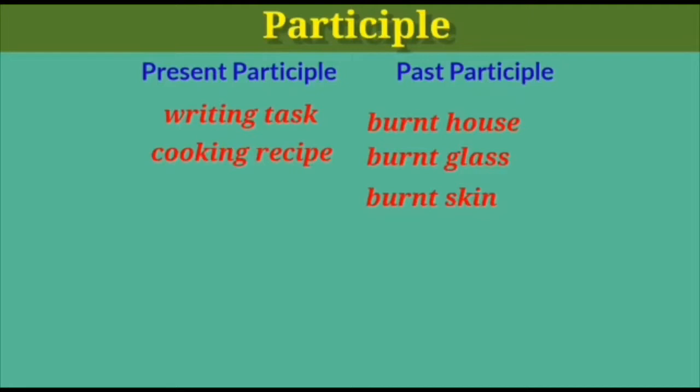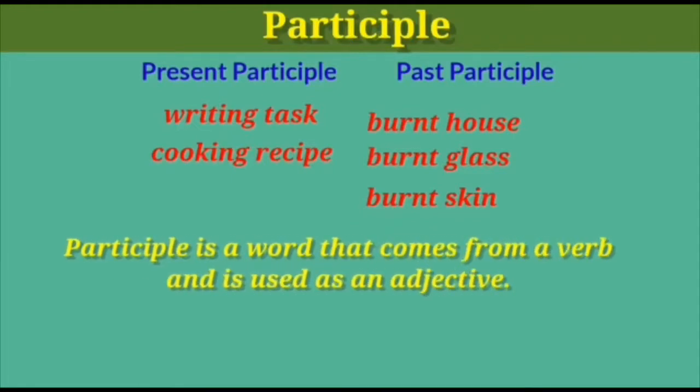We know burnt is a past participle, but here it has been used as an adjective. So simply we can say that a participle is a word that comes from a verb and is used as an adjective. And that's very simple.